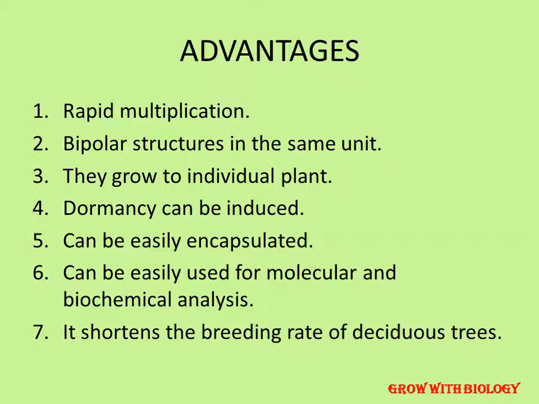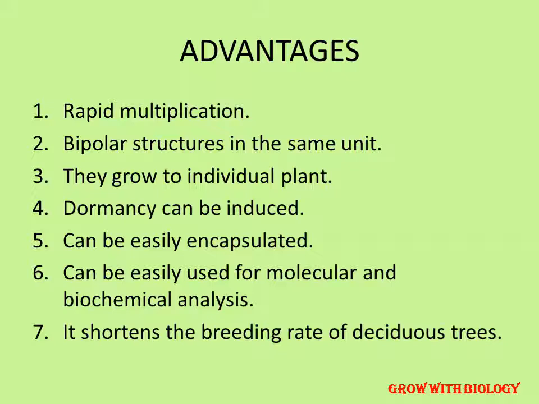Now each explant will have a bipolar structure. So in the same unit there is a root form and there is a shoot form. They grow to individual plants and the dormancy can be induced.